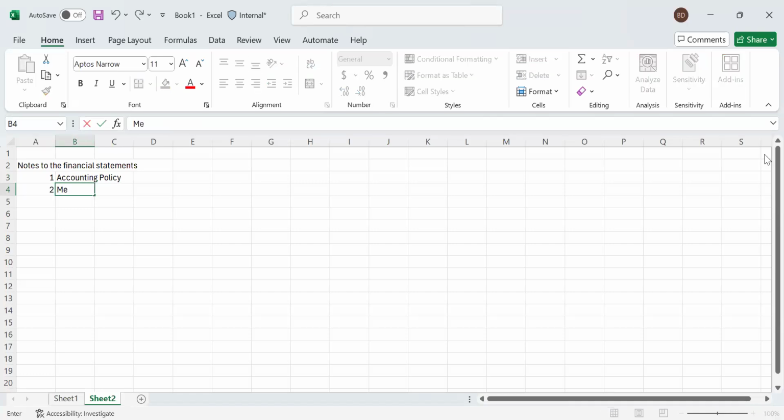Let's say measurement basis. I think note 1, then accounting policies, measurement basis, all those things.